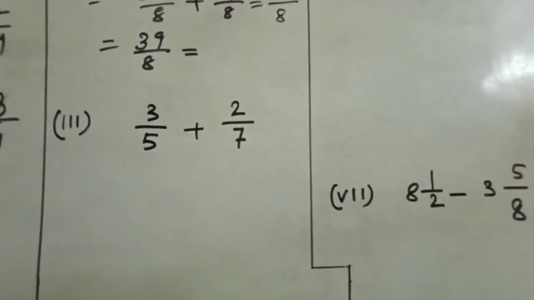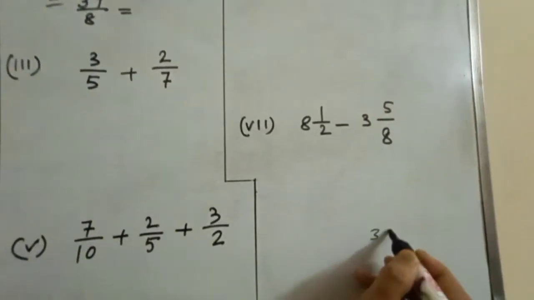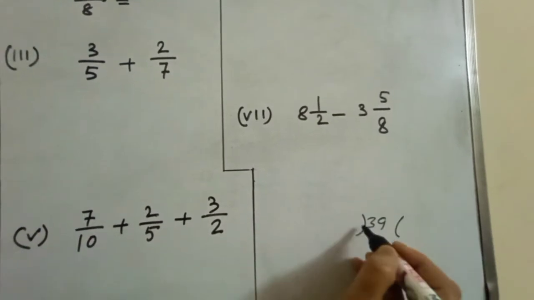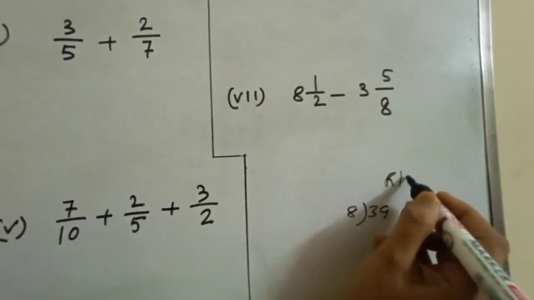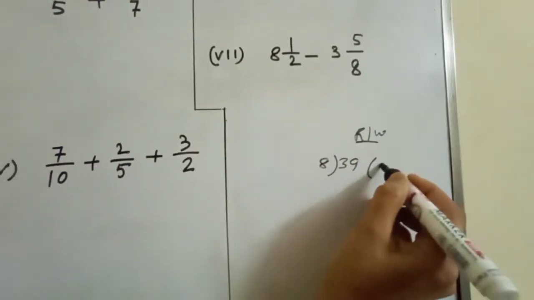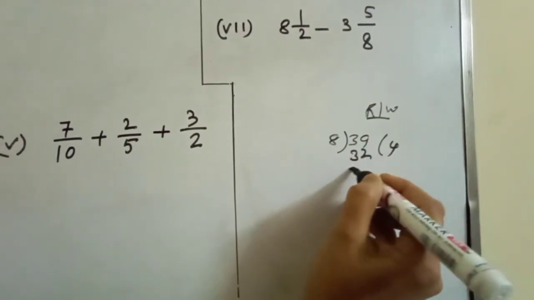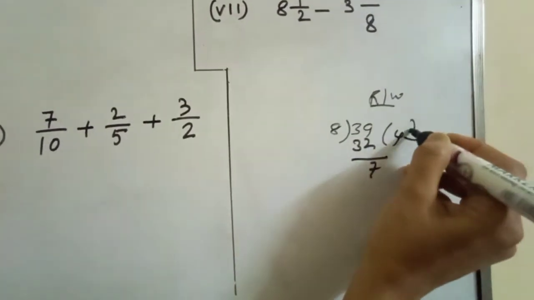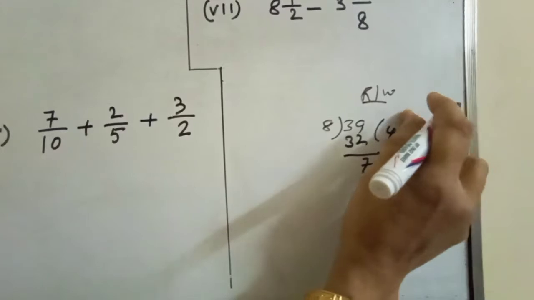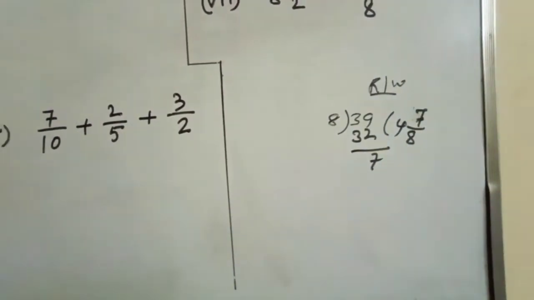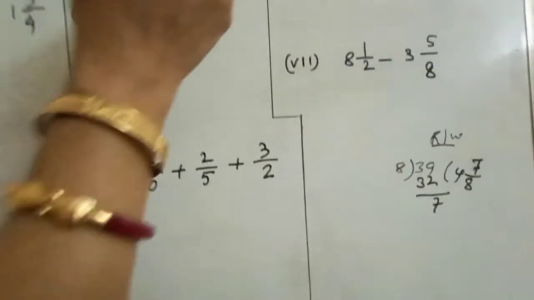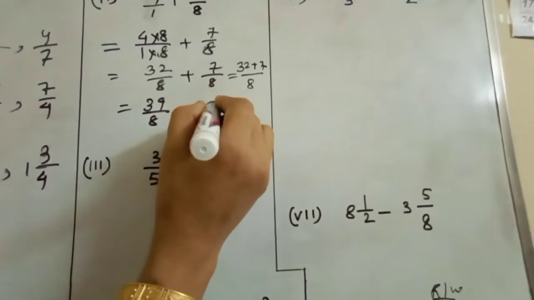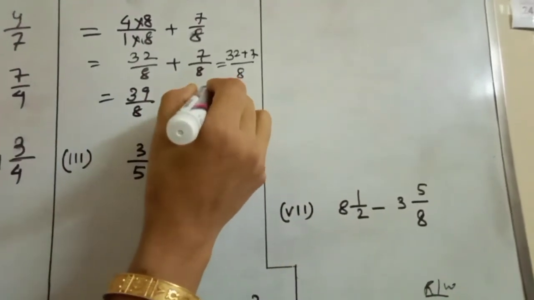I'm doing it in a rough way. 39 by 8, rough work. 7 by 8. Now you can write 4, 7 by 8.